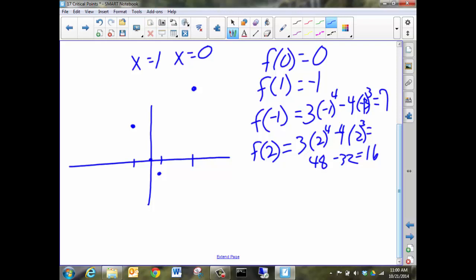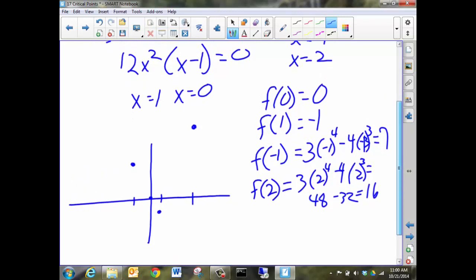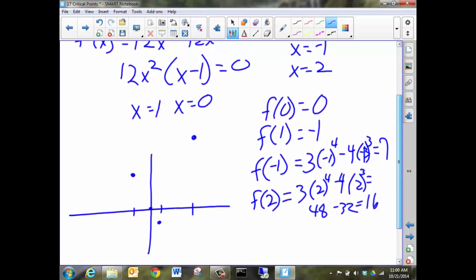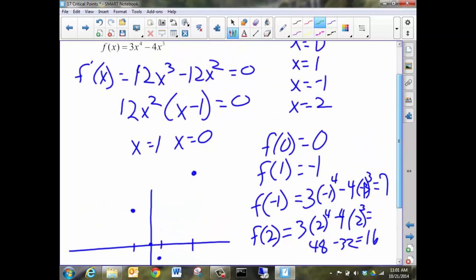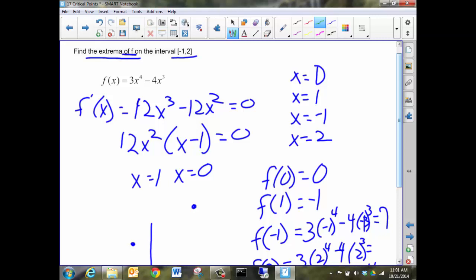What else do we know? What do we know from the derivative? It touches the axis at 0. It touches the axis at 0. So tell me something. What's got to happen? What do you think this function looks like now? It's a quadratic looking function. How do you know it's a quadratic looking function?